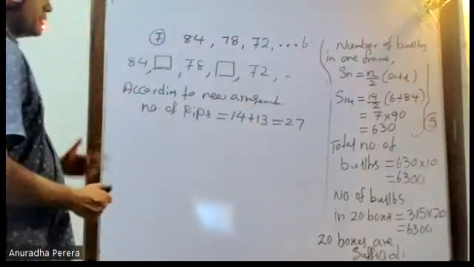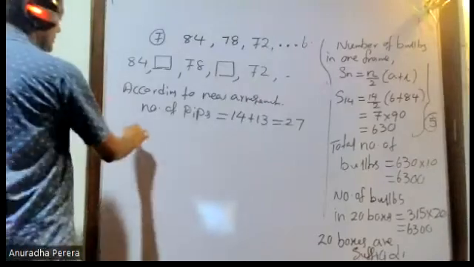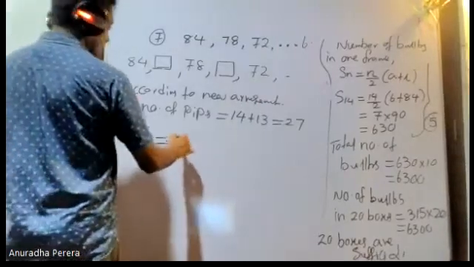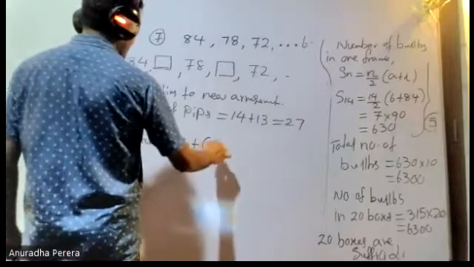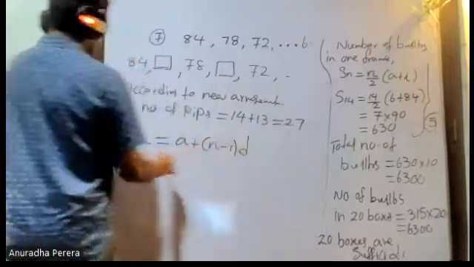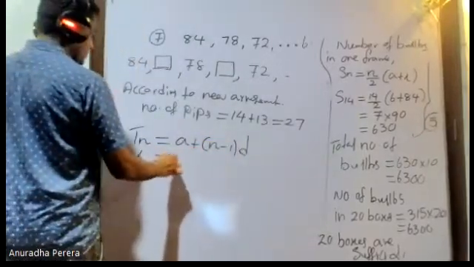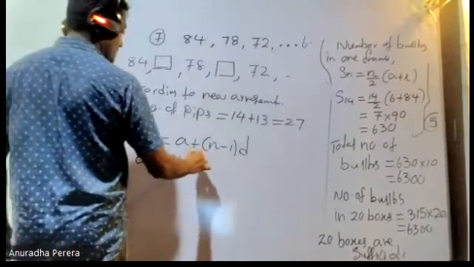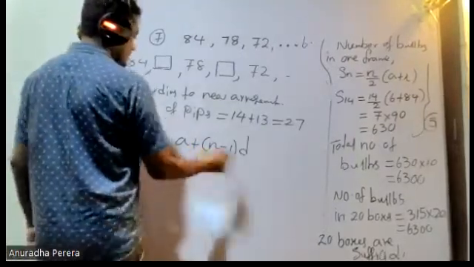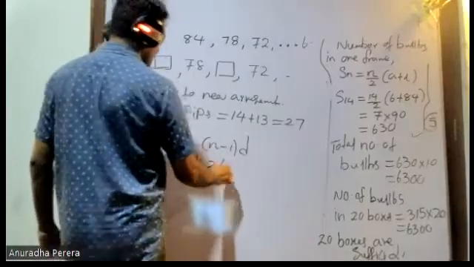Then we can determine d. Here we need Tn equals a plus n minus 1 d. Tn is 6, a is 84, same values. n is 27, then 27 minus 1 means 26.